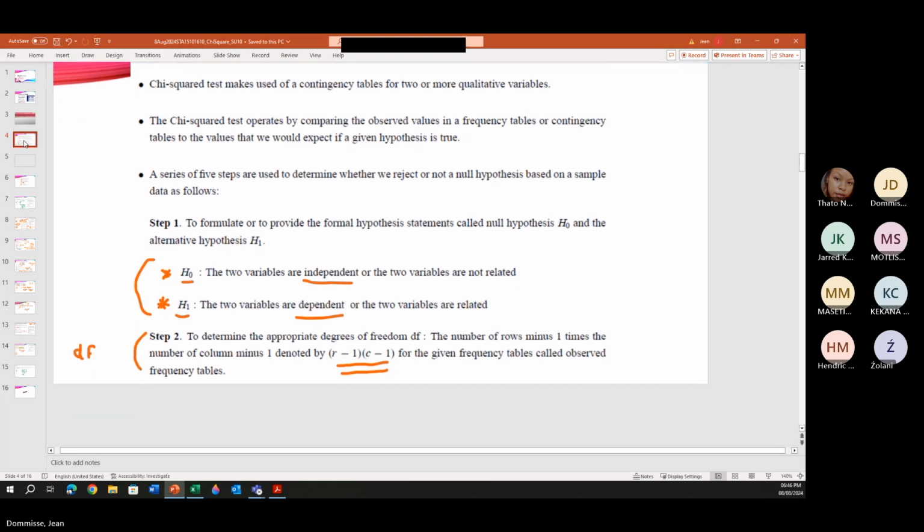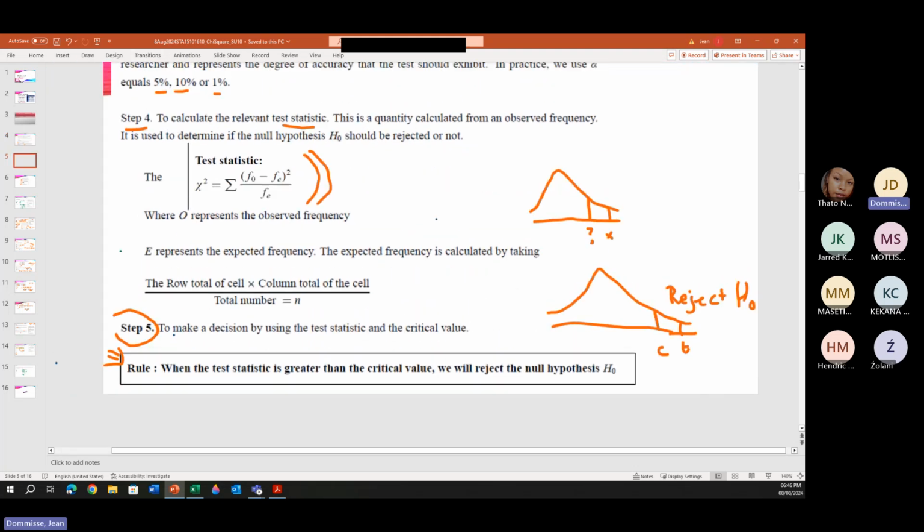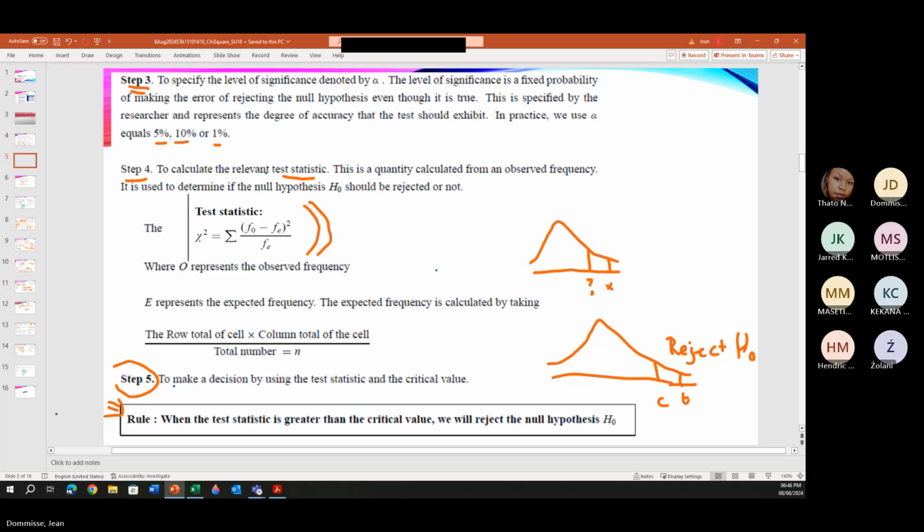Then, as in study unit 9, they tell us what the confidence or level of significance is. And again, we'll use the traditional alpha of 5, so that is 95, 90, and 99, so 5, 10, and 1%.